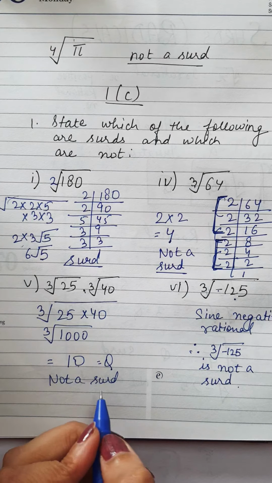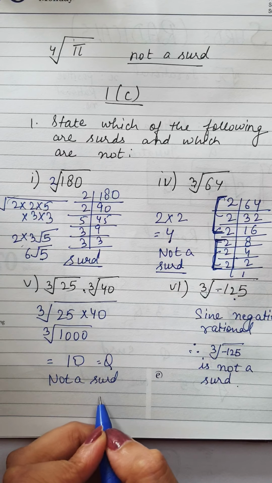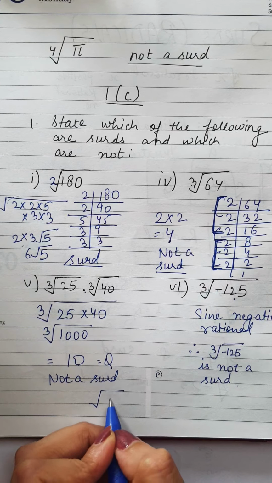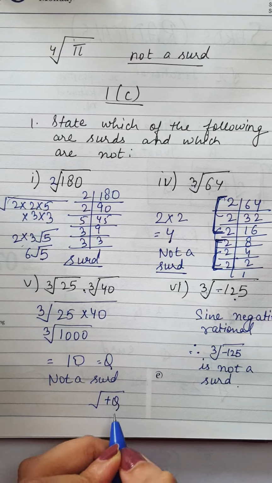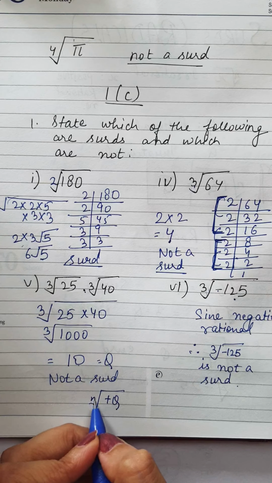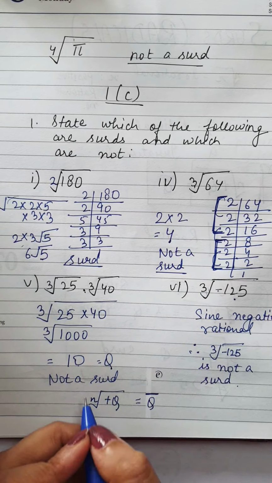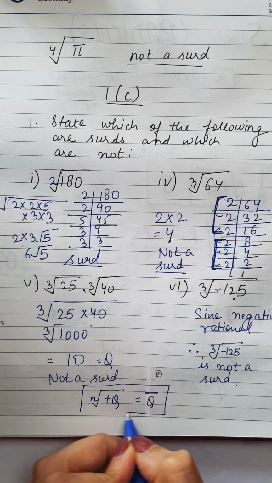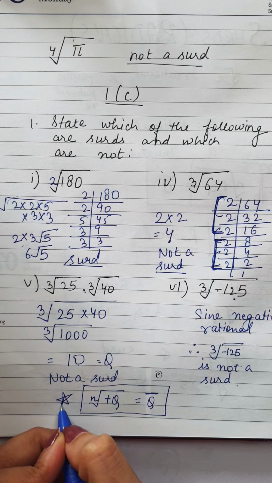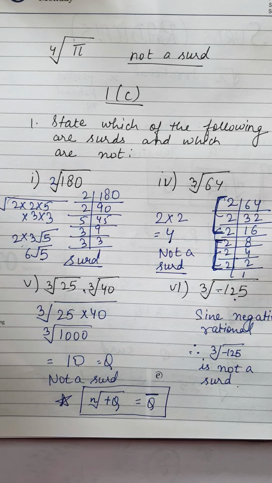Alright, so again you need to remember only one expression: a positive rational inside, and after applying the root the answer should be irrational. This is a very important condition that you need to remember about surds.